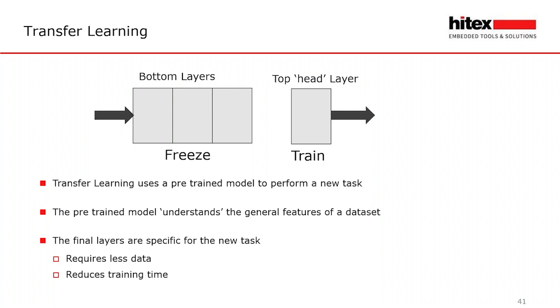We can take the bottom layers of the model and freeze all of the training weights within them. Then we can add a custom header layer, and train that for our particular task. So we could take a general purpose audio model, and then train it to recognize various keywords, for example. This takes a lot less data and also reduces the training time as well. So transfer learning is quite a good way to take a well-trained pre-existing model and then adapt it and repurpose it to our needs.